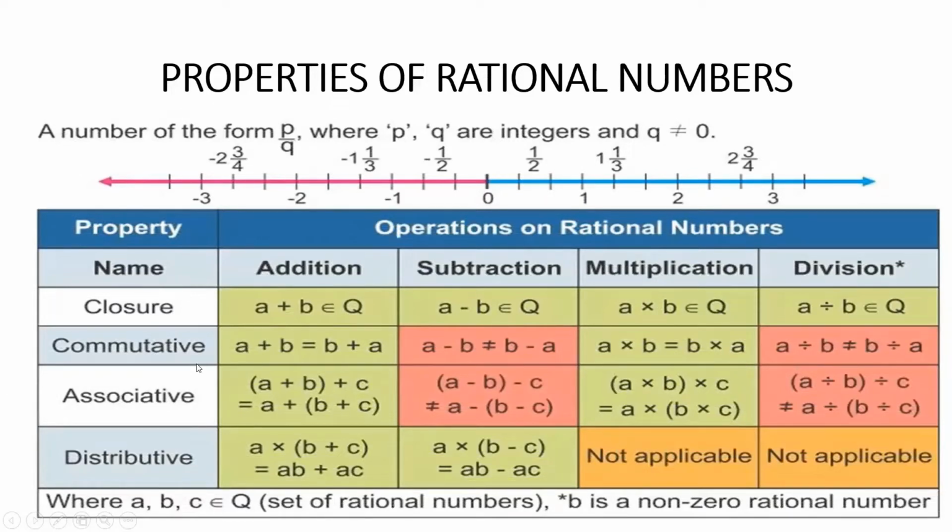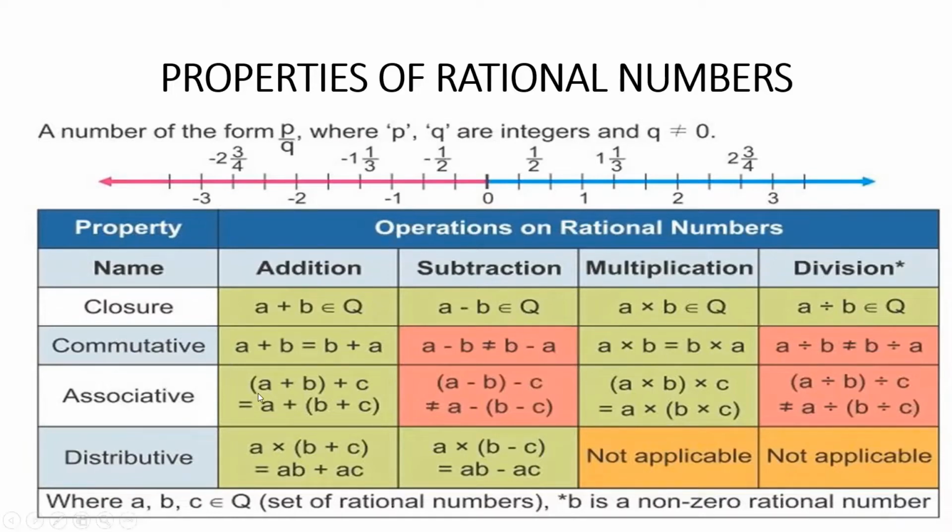Commutative property for rational numbers: a plus b is equal to b plus a, and a minus b is not equal to b minus a. That means subtraction of rational numbers is not commutative, while multiplication of rational numbers is commutative, and here a divided by b is not equal to b divided by a. So division of rational numbers is not commutative.